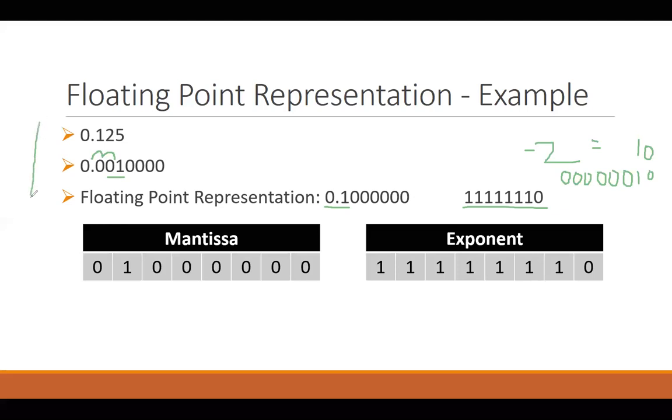Now, leaving this part behind, if the question is given to me only in the form of this table, that the floating point representation is given to me and I have to go back to the actual binary, again, you must have seen that I'm always starting with the exponent. The exponent here is a negative number.